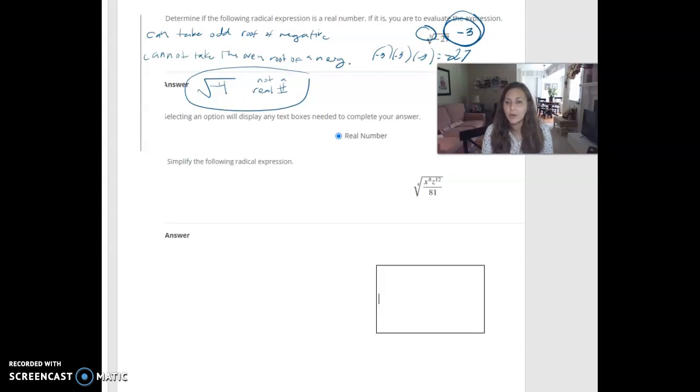Simplify the following radical. Okay, remember your even, odd rule. So you divide the power by the root. So this is going to be 2 remainder 0 on my x's. This is going to be 3 remainder 0 on my z's. And the fourth root of 81, you can find that on your power sheet.